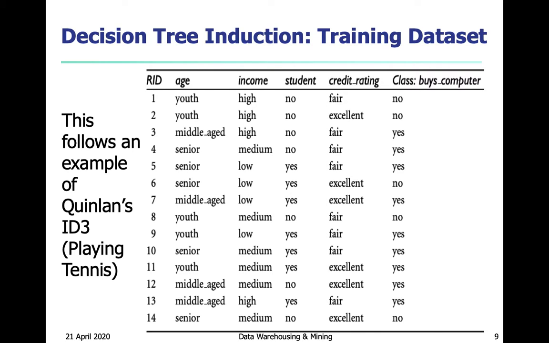Now the question is why it is so popular. The construction of decision tree classifiers does not require any prior knowledge or parameter settings, so it is appropriate for exploratory knowledge discovery. Decision trees can handle multidimensional data also.